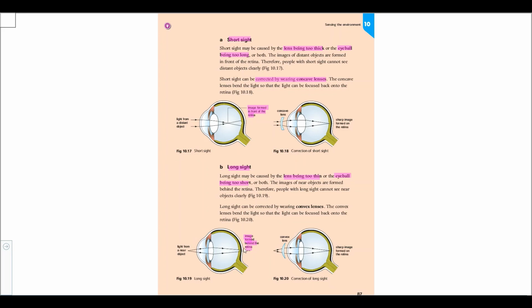So the image is formed behind the retina, so behind the back of the flask. So it is corrected by wearing a convex lens. So it will make the light rays go together first, and then again change the direction so they can get a sharp image formed on the retina.